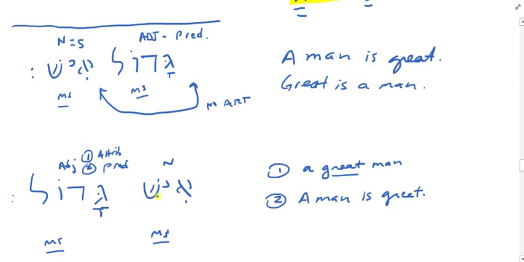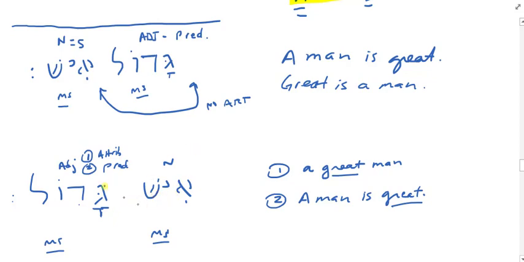So if it's a predicate adjective, it would be a man is great. A man is great. Okay, so whenever the subject noun is not definite, a predicate adjective likewise will not be definite, but will share its gender and number. And there can be some ambiguity here when that predicate adjective comes after the noun.